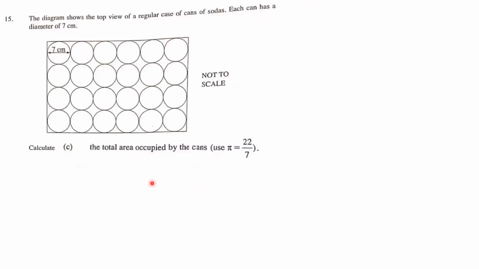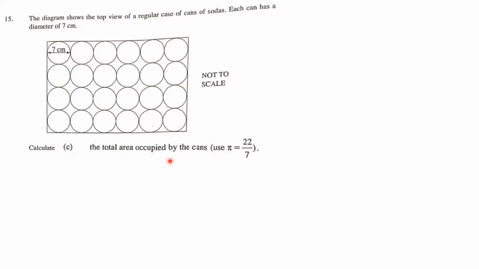It says that the total area occupied by the cans is what we need to figure out. So how much area is occupied by all the cans together? The strategy is the following.